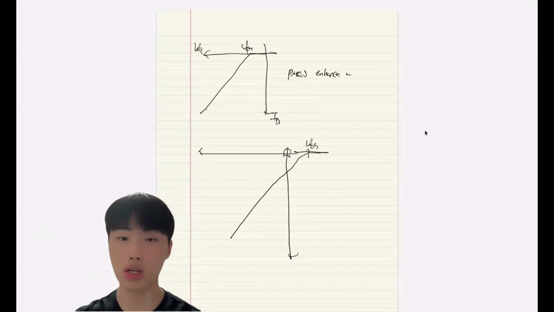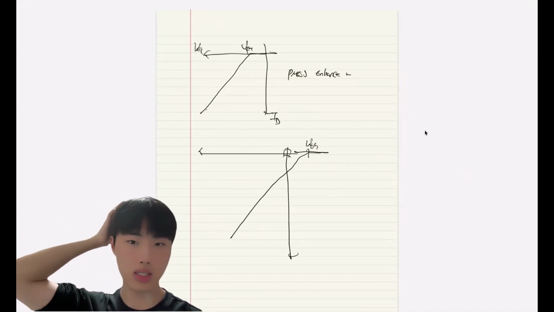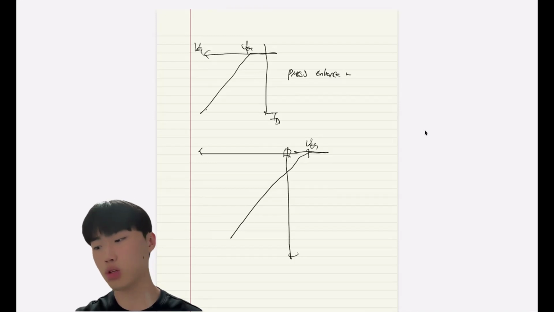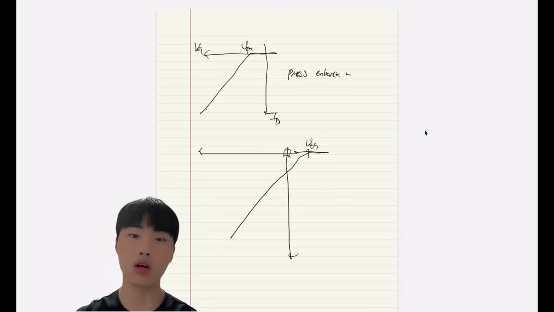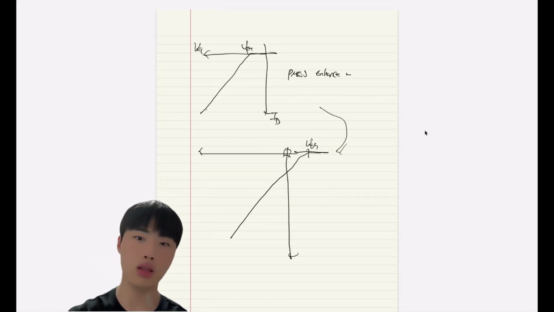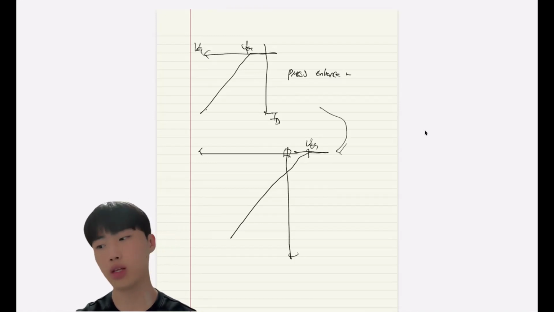So actually, it is the same as the NMOS. In the PMOS depletion mode, at zero bias, there is some current flowing. So these were the enhancement mode and the depletion mode of the MOSFET.